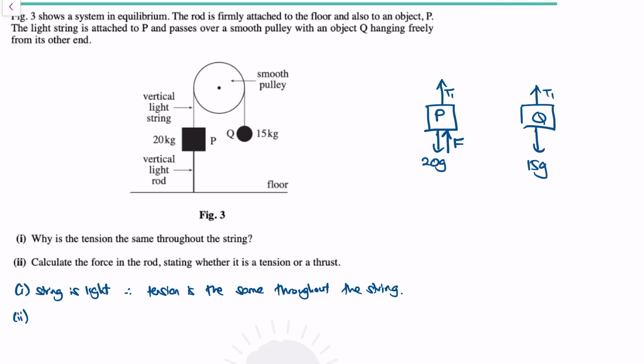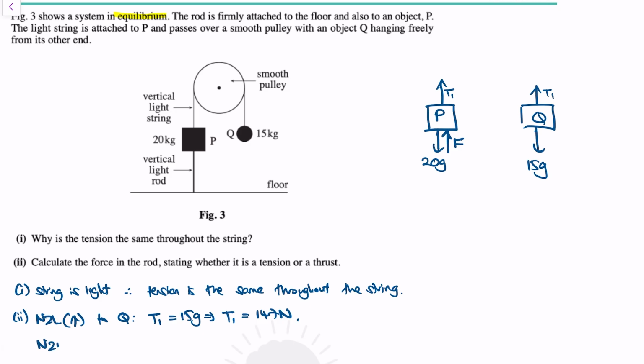calculate. The first thing is, we know that this system is in equilibrium, which means it's not moving. So it's at rest, so that means Newton's second law applied vertically to Q. That means tension T1 must be equal to 15g, which implies that T1 is equal to 147 newtons. Okay, but we want to work out this force F, which is obviously pushing up.